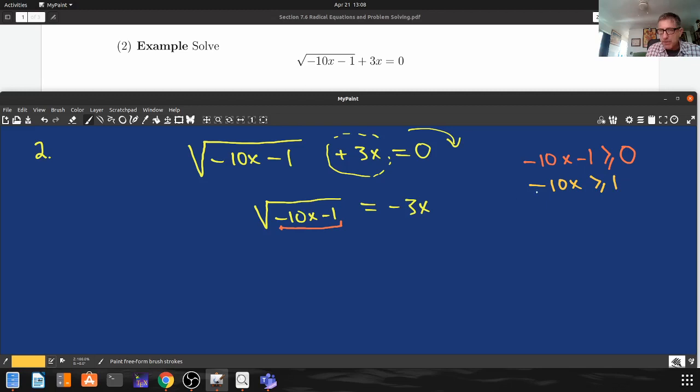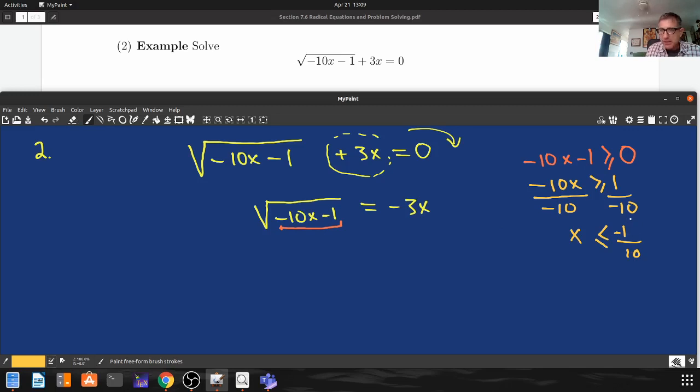And now I'm dividing through by a negative. And when I divide through by a negative, I have to flip the direction of the sign. The negative stays there. So x is less than or equal to minus 1/10.